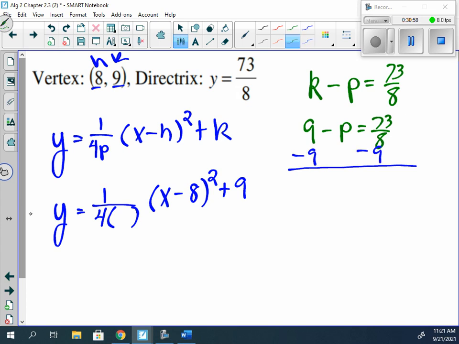Subtract 9 from both sides, which tells us that negative p is equal to a fraction. So we can multiply both sides by negative 1 or divide both sides by negative 1. And really it's just going to tell me that p is equal to negative 1/8.